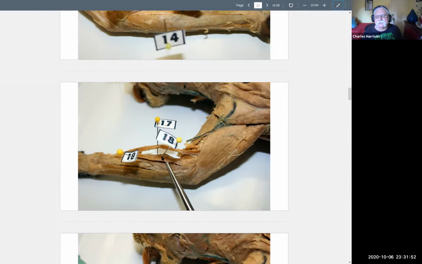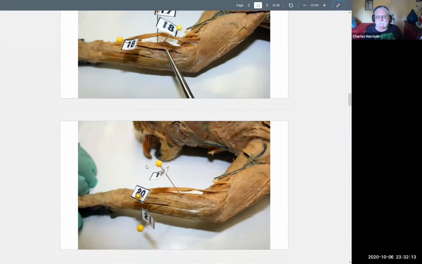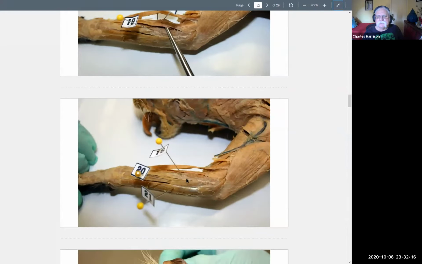The muscle below it is the two-headed extensor carpi radialis. And then this muscle is the extensor digitorum communis, or extensor digitorum. This is the extensor carpi radialis again. No, I'm sorry. That's the communis.